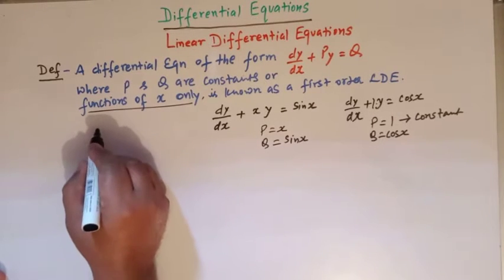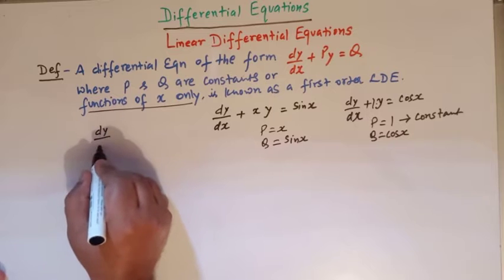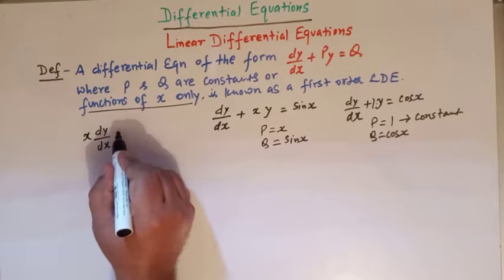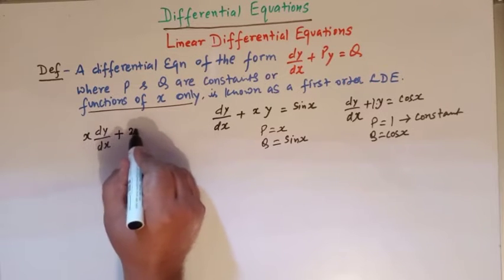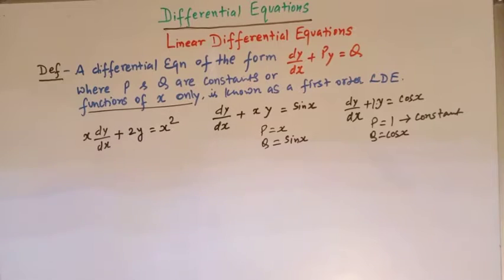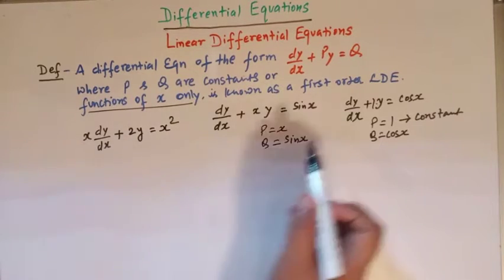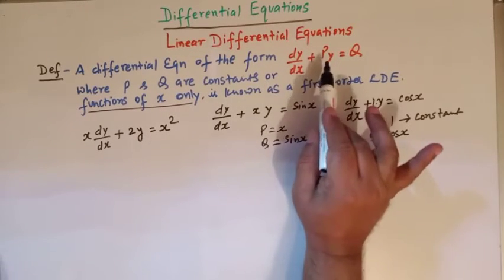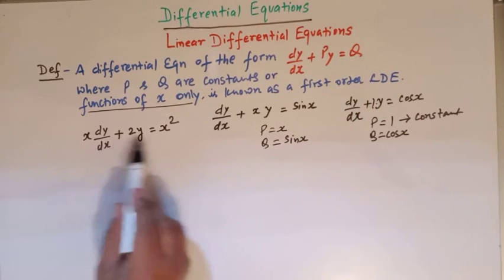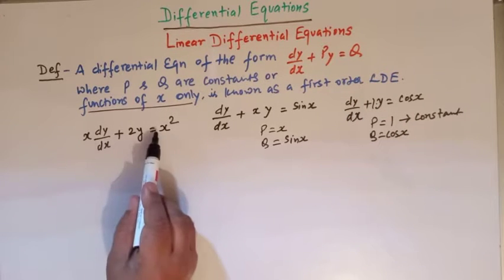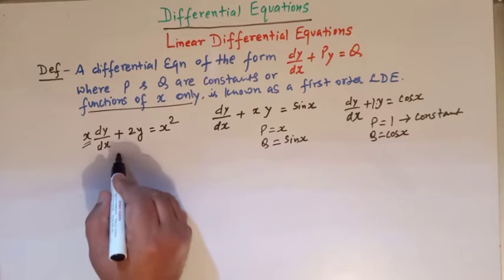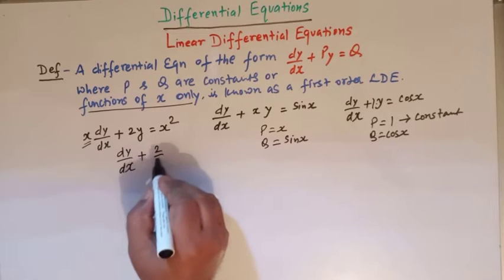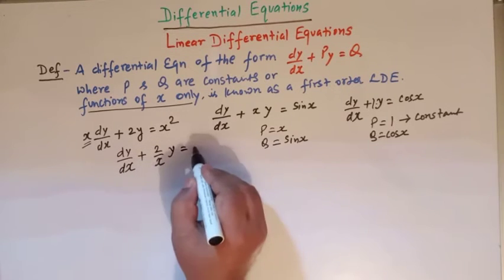Now let us take one more example. Suppose we have an equation of this form, say x dy by dx plus 2y is equal to x square. Now here this equation doesn't look like this equation, but if we divide both sides of this equation by x, we have dy over dx plus 2 over x y is equal to x.